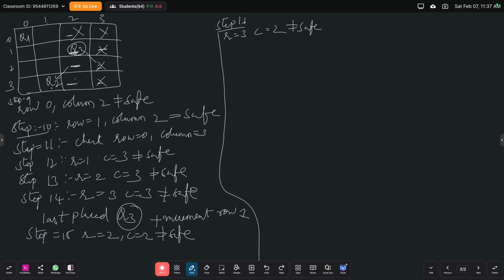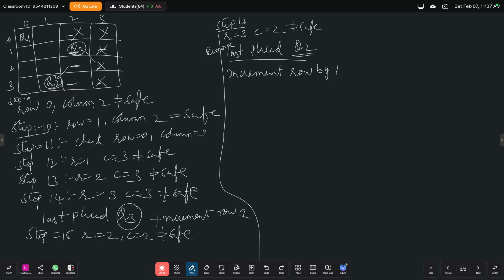So whenever the place is not safe and we are at the end of the board, what do we have to do? Again, backtrack and remove the last placed queen. What is the last placed queen? Queen 2 is the last placed queen. After removing it, we have to increment the row by 1.